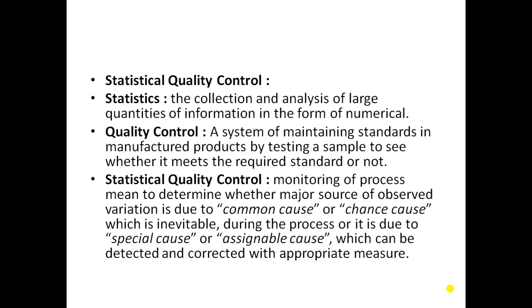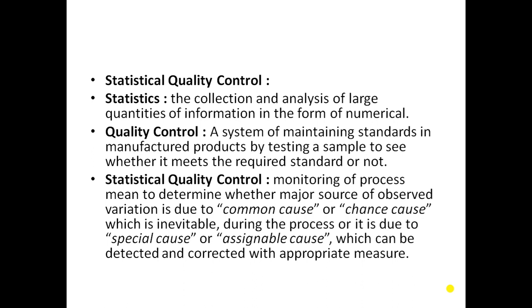There might be a specific standard, maybe IS standard, maybe standard of other countries, or maybe standard as specified by the designer. So these standards need to be met by a manufacturing process, and the quality control personnel's responsibility is to check whether the output product meets the required standard.